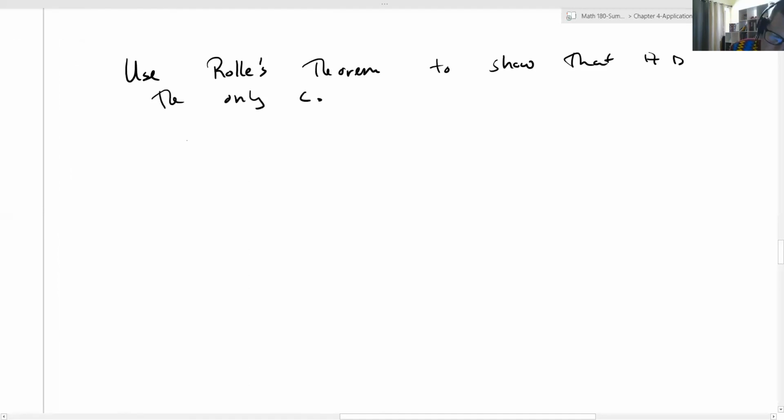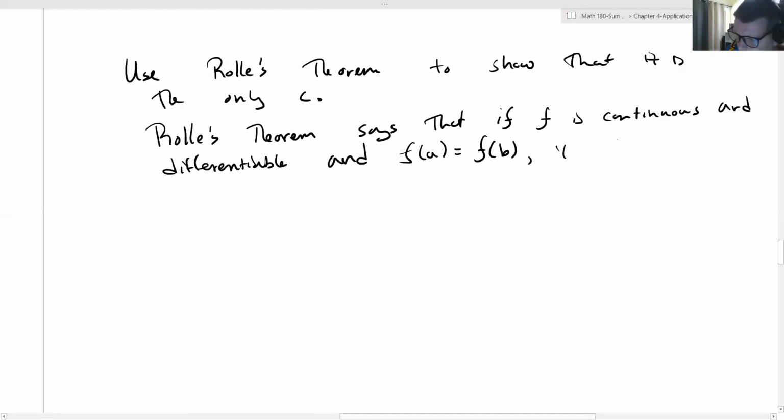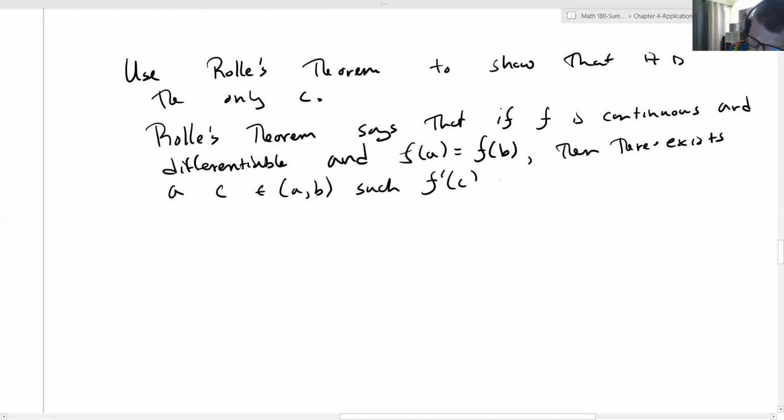So let's remember, Rolle's theorem says that if f is continuous and differentiable, and f of a equals f of b, then there exists a c belonging to a to b such that f prime of c equals 0.